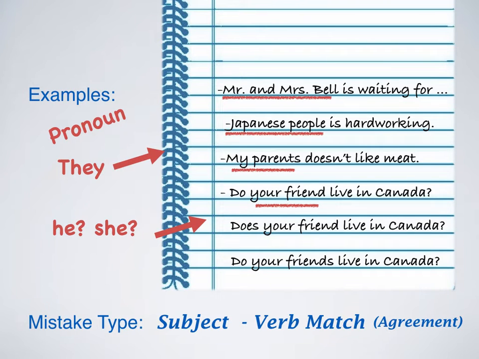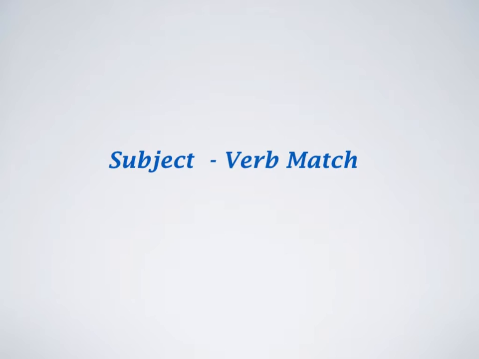And do he or do she sounds really bad. Or maybe you wanted to write friends. Then do they sounds okay. So that's point 1. Analyze every sentence for subject and verb match.